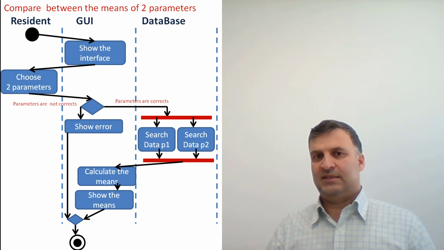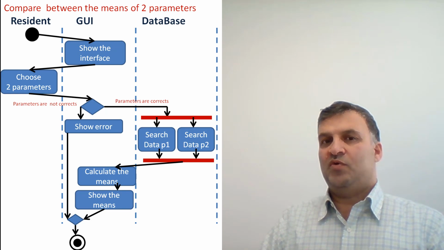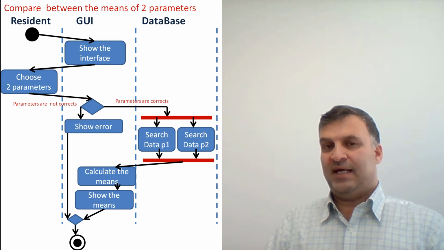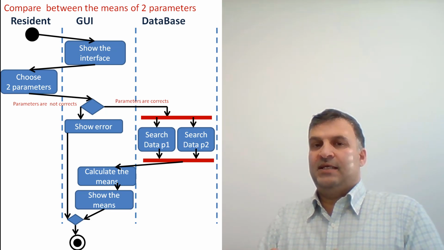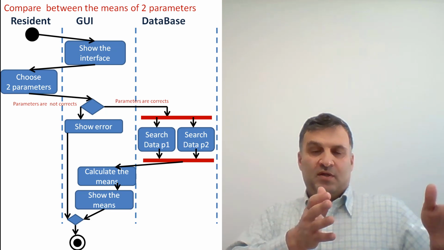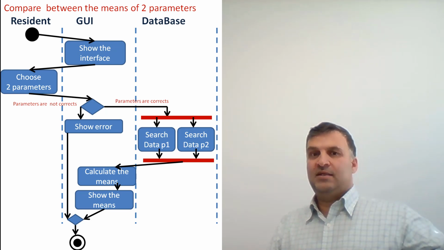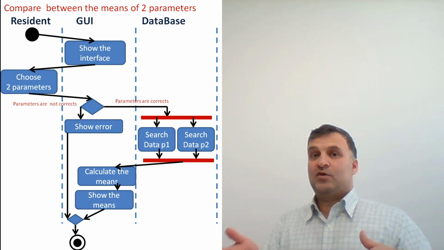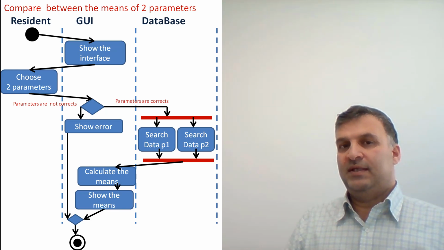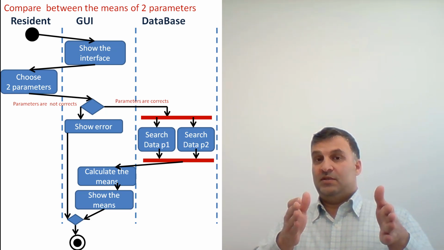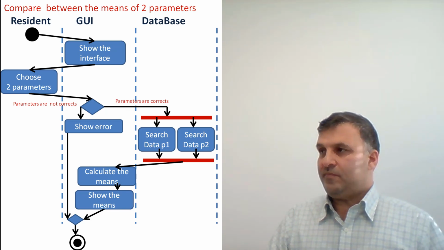So a client can enter the application of the Raspberry Pi and he can compare two parameters. For example, he can compare the temperature in one room with another room, or one room with the external temperature. He can compare the temperature in two periods in the same room, for example, between the temperature in January and the temperature in September.